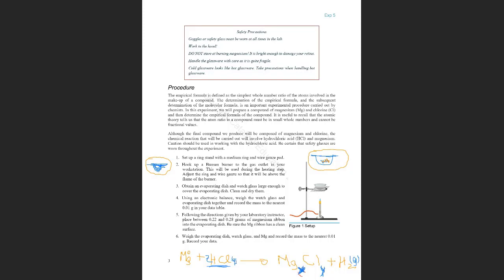You start with this Bunsen burner. You apply the heat to make sure that when you weigh the second time, you are not weighing water. You have to make sure that you obtain a white powder, a dry white powder. That is your compound. That is your product.